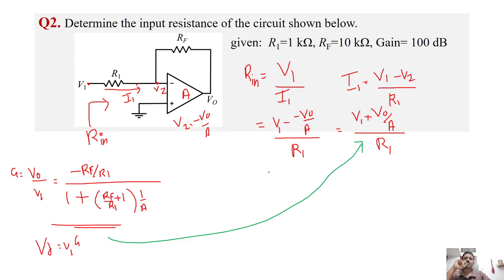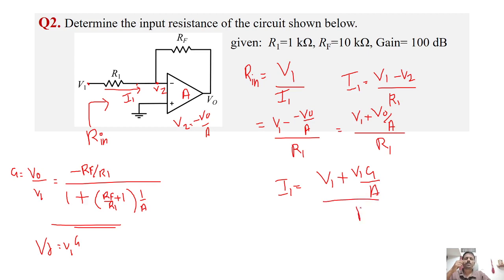So what we'll get is I1 equal to V1 plus V1 into G. We'll take V1 out with this gain, and let it be G itself for ease. So V1 into G by A, divided by R1.